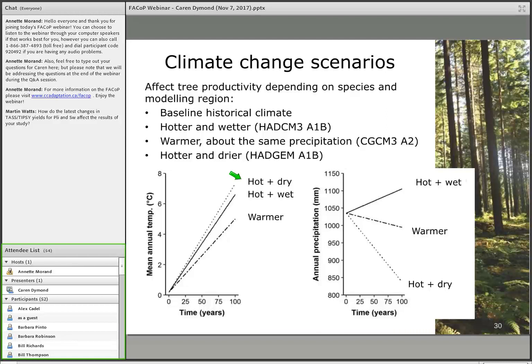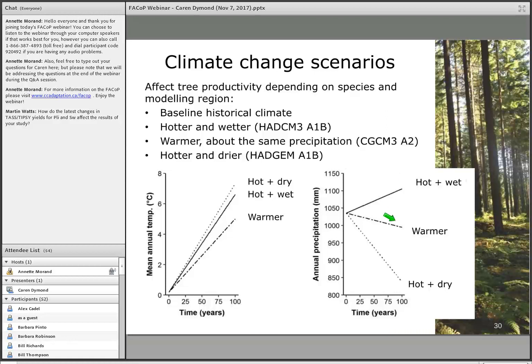It looks like it's going to increase by 6.5 to 7 degrees for hotter and drier and hotter and wetter. The warmer is a little bit lower, 5 degrees. The warmer versus hotter is just my descriptions, to give me something to talk about other than using the actual difficult to pronounce models and runs here.